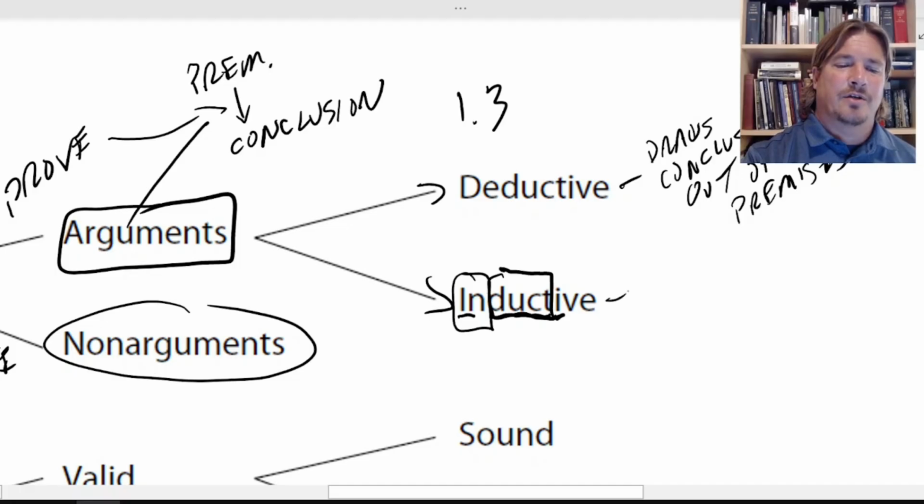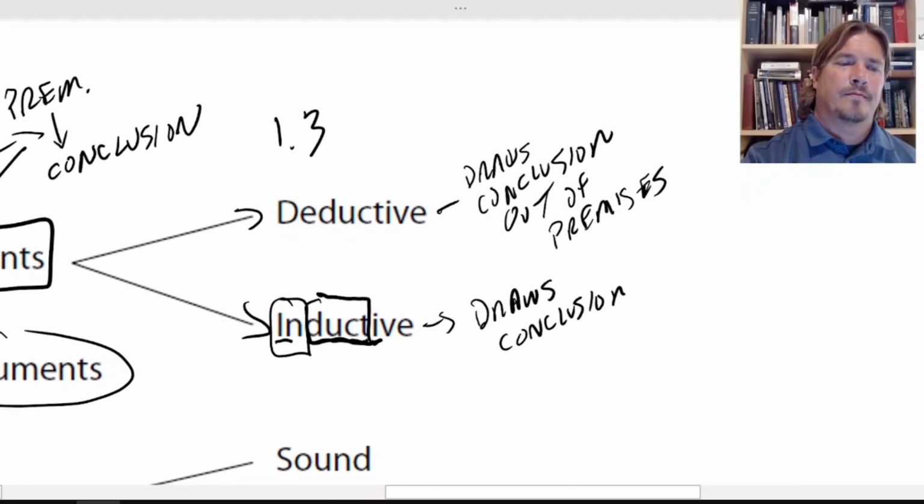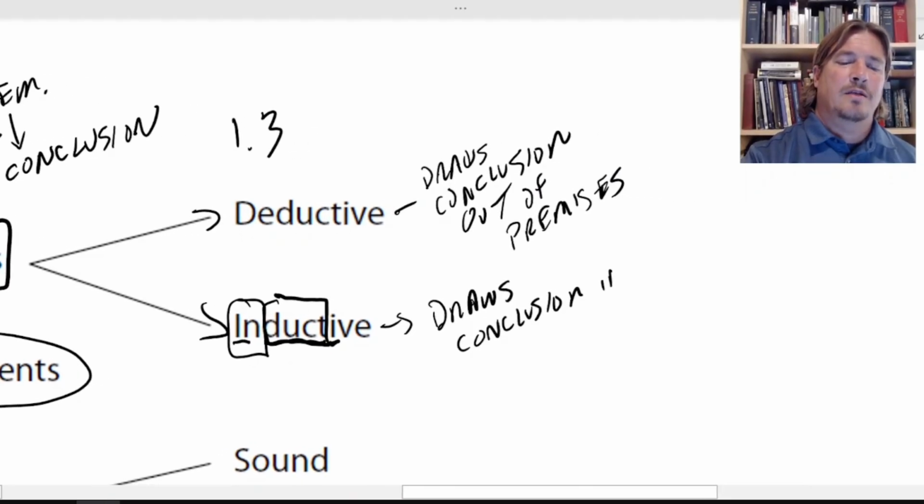Whereas an induction draws a conclusion, or draws the conclusion, into the premises.